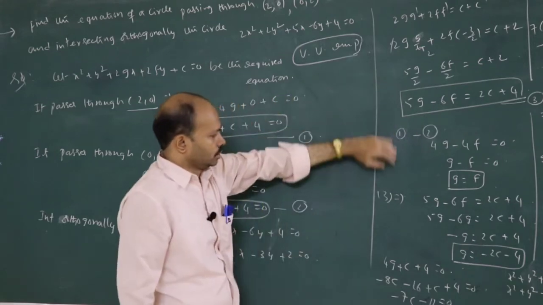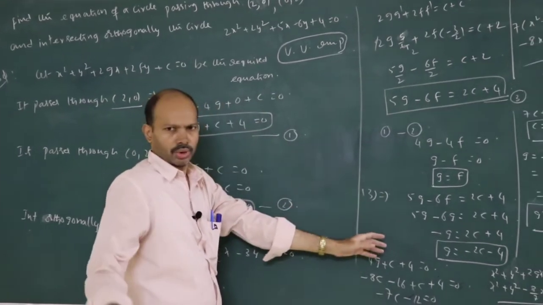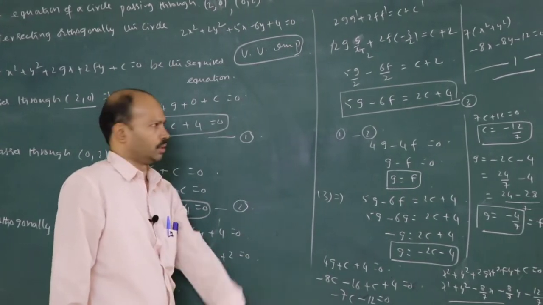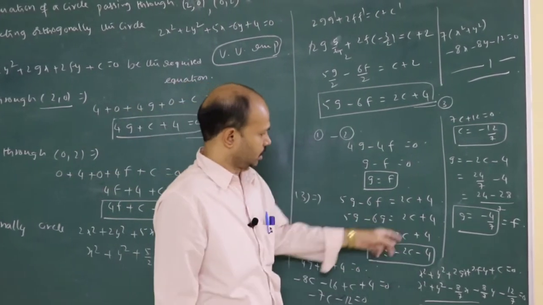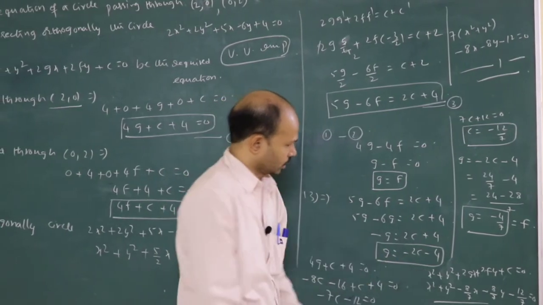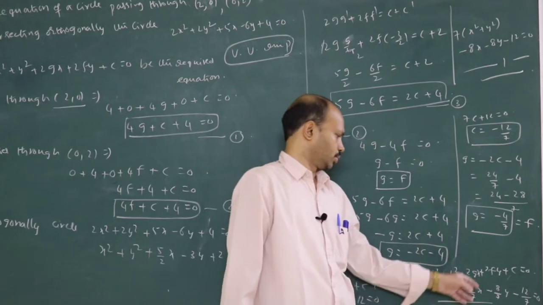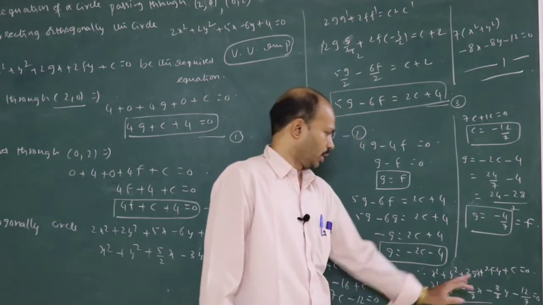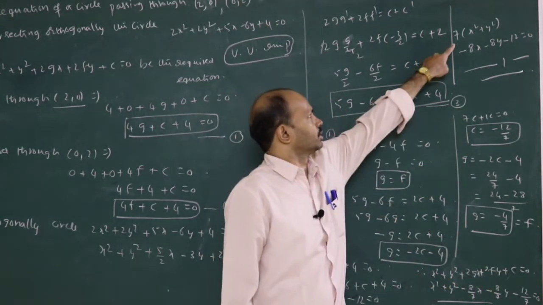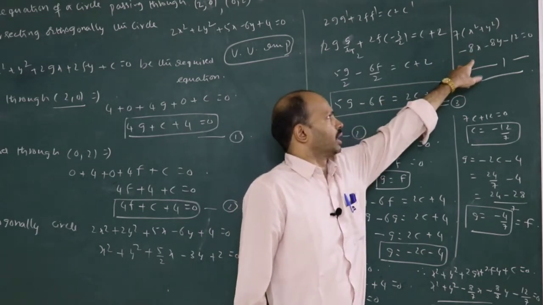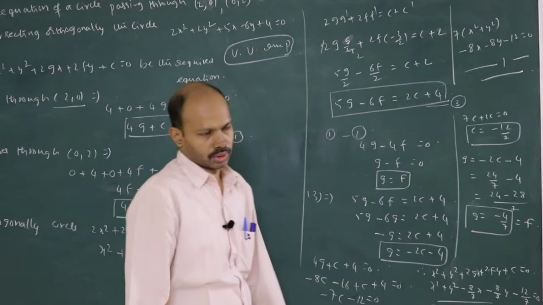Subtracting 1 and 2 and using the third, you all know very well how to find g, f, c while finding the circle equation. So then you get g, f, c. Therefore the general equation of circle follows, x square plus y square plus 2gx plus 2fy plus c. Apply the values. Therefore your answer should be 7 into x square plus y square minus 8x minus 8y minus 12 is equal to 0.